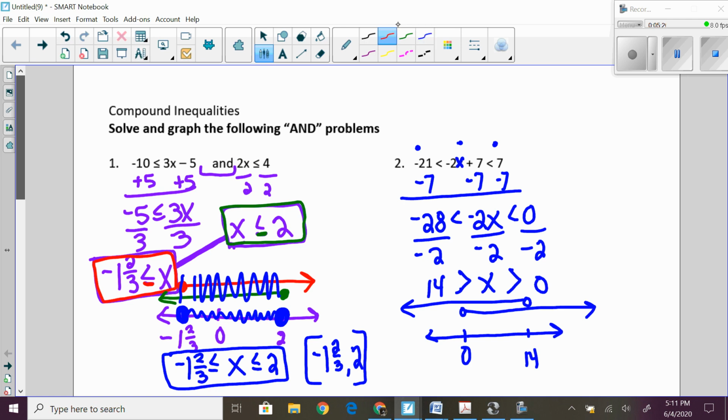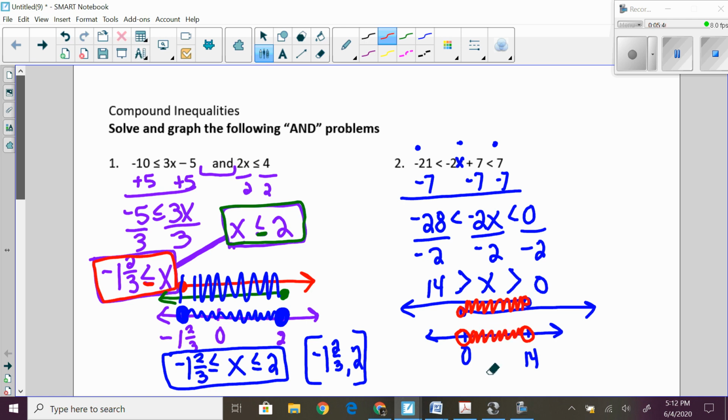So again, we say, where is the overlap? Well, the overlap starts at 0 and ends at 14. But what you'll notice is it does not include 0 because of this open circle, and it does not include 14 because of this open circle.